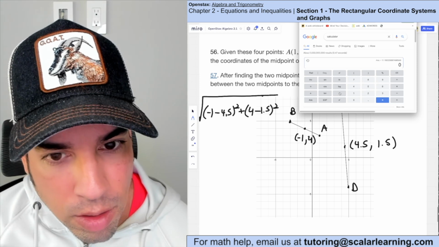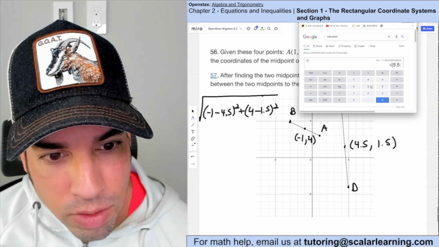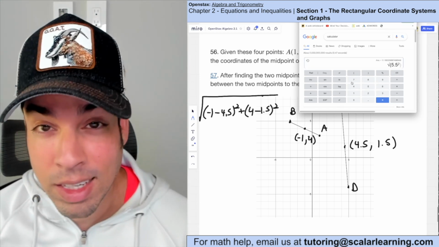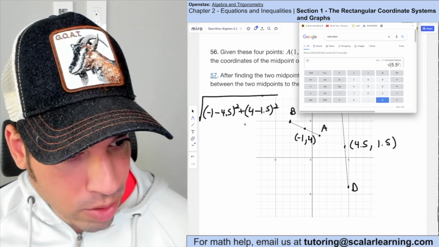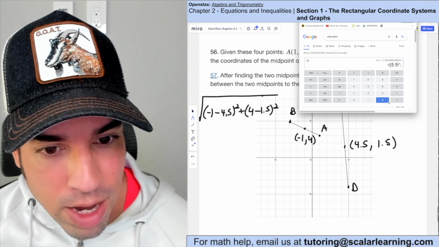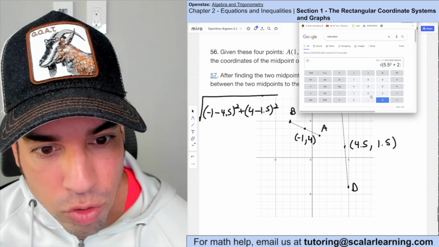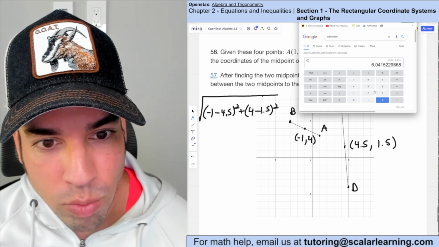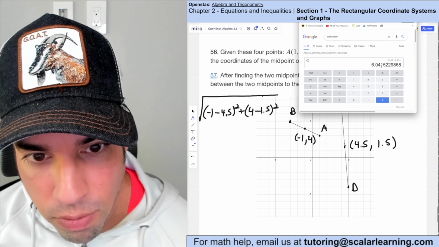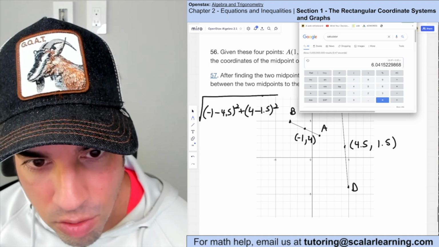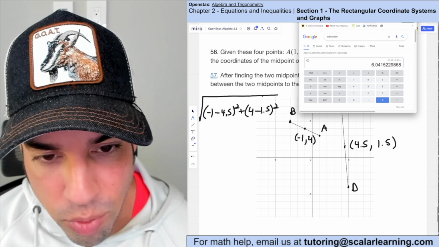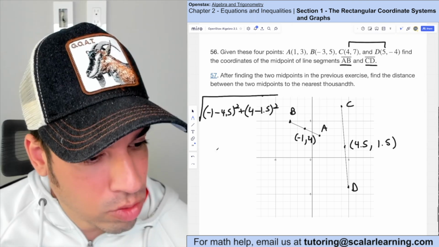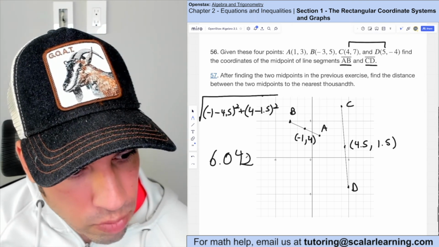So we've got 5.5 squared. Again, because I don't care that it's negative. If you square a negative, it turns positive anyways. And then 4 minus 1.5 becomes 2.5. So we go 2.5 squared. Boom. And we get 6.0415. I'll round to the nearest thousandth. So like 6.042. So 6.042 for the win.